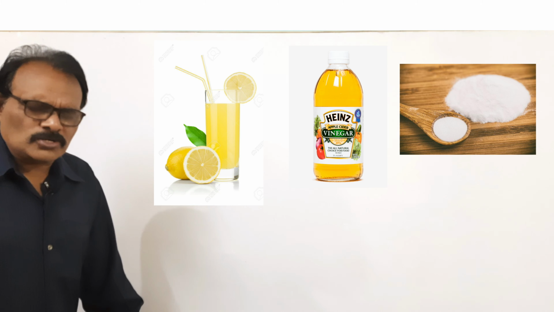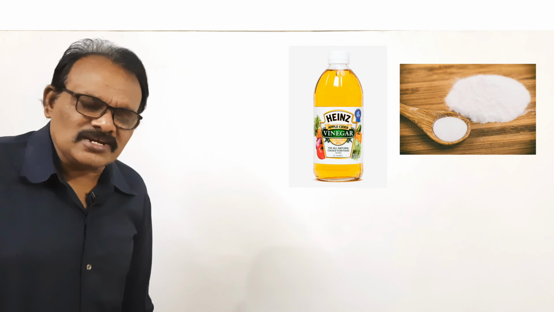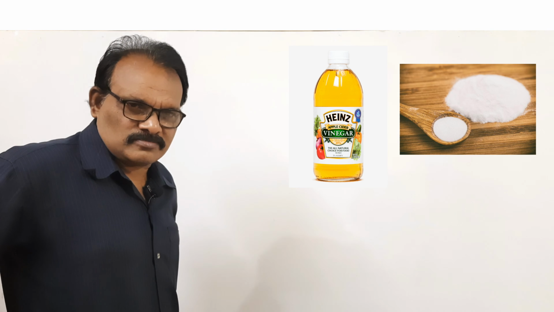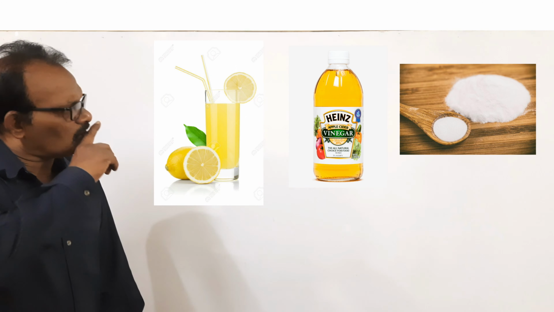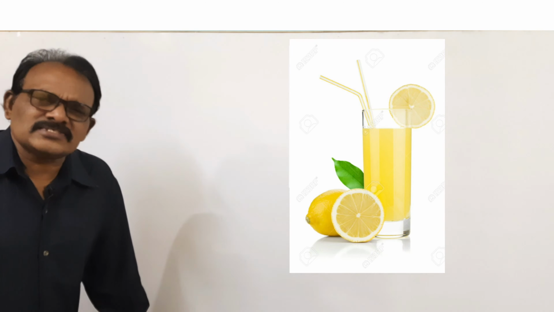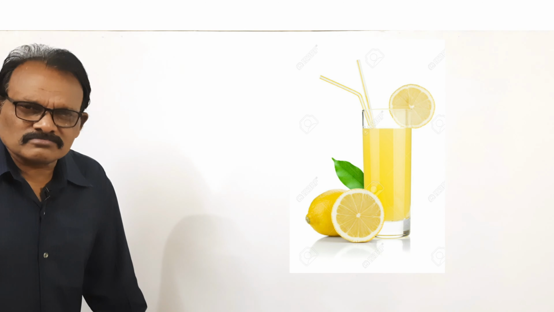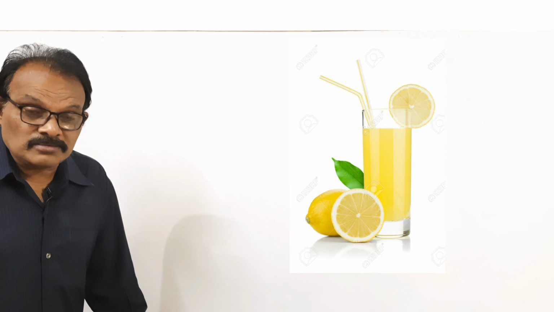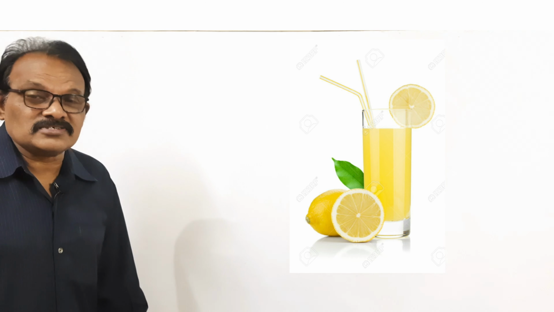Just now I told you, acid is killed only by base. Now, lemon juice contains acid, so it won't be the exact remedy, because we already have acid in our stomach, so why add some more?